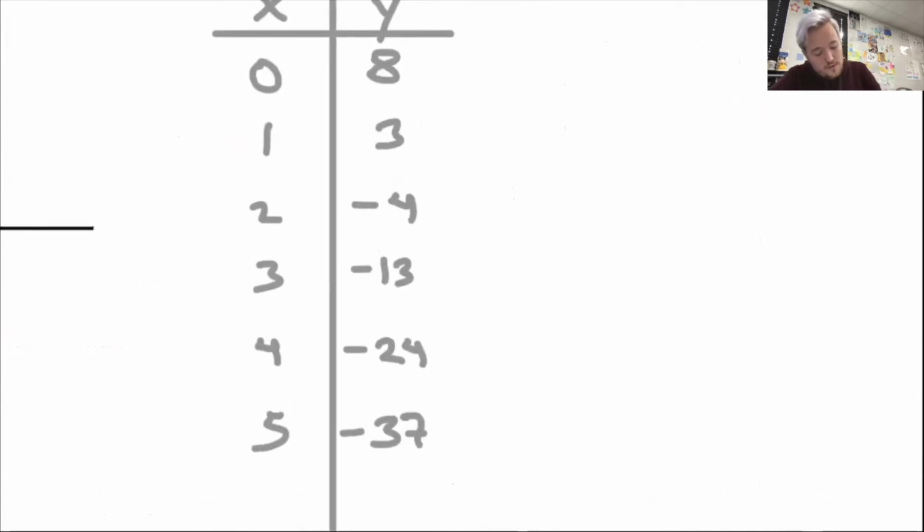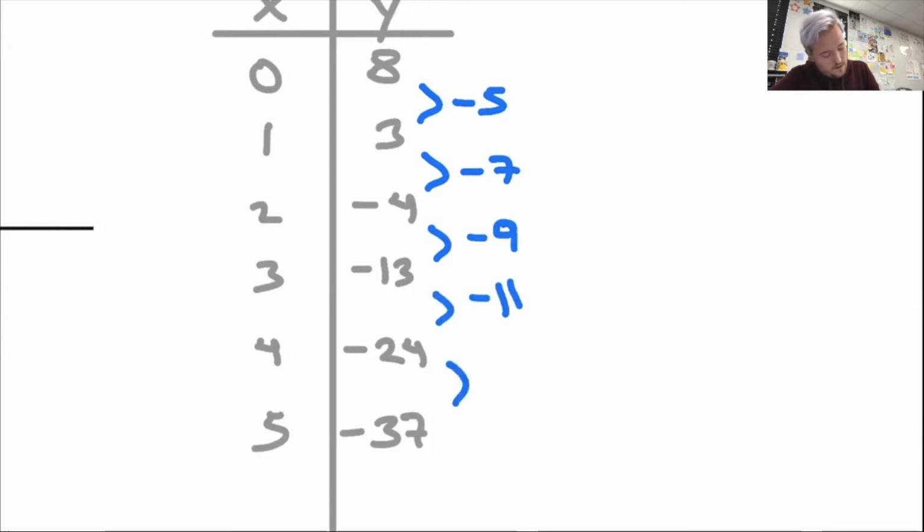All right, so from the table, from 8 to 3, it's going to be -5. And then 3 to -4, that's -7. Then it's -9, -11, and -13. So whenever you see every other consecutive integer, that's usually a good indicator it's going to be a second difference.